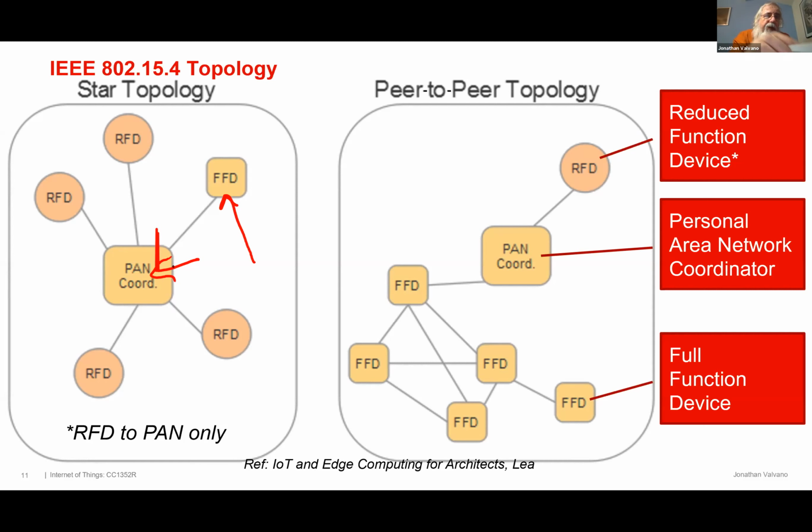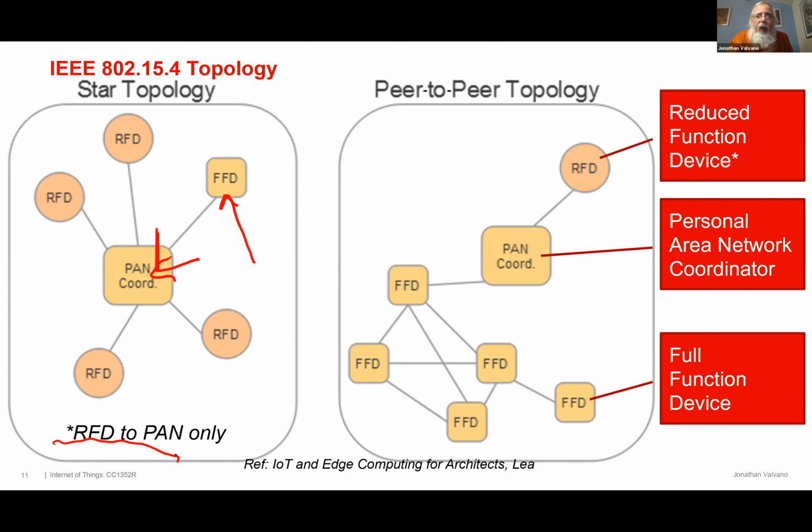If you have a coordinator sending out beacons, then the device is attached to it. A reduced function device cannot send beacons, so it's typically lower power, and it can only communicate with a PAN coordinator.